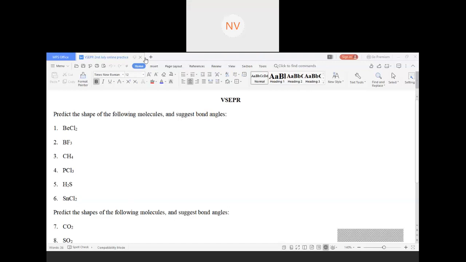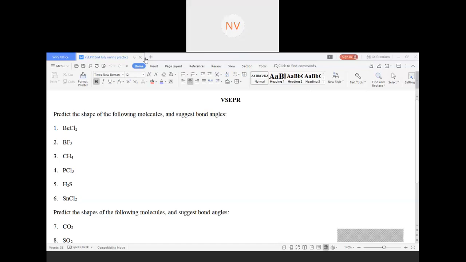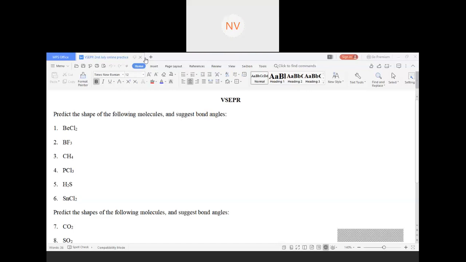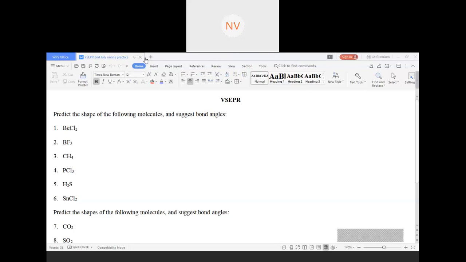Yes. How many lone pairs will it have? Wait, let me search Sn. Tin is from the periodic table. Sn is in group 4, so we have 4 valence electrons.